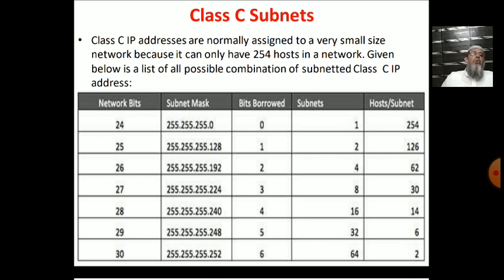2 raised to 6 will be 64. So a maximum of 64 subnets can be used, and every subnet will have two hosts. If you multiply, 64 subnets, every subnet has two hosts, then 64 into 2, the effectively usable IP addresses are 128.